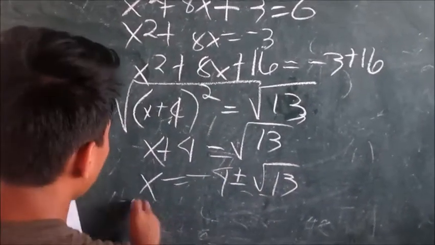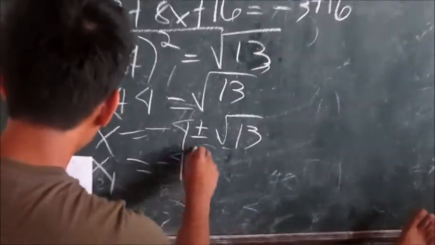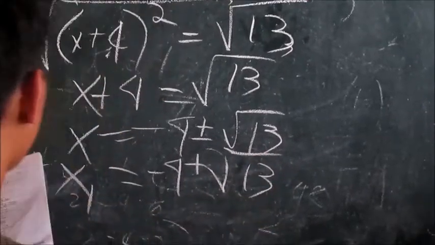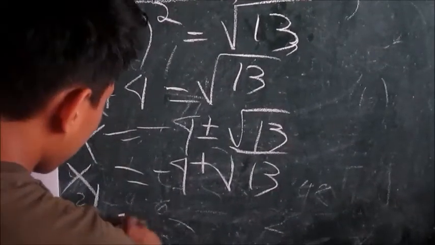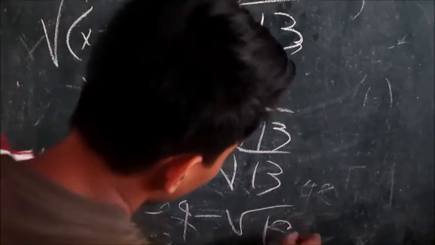And then x sub 1 equals negative 4 plus square root of 13, and x sub 2 equals negative 4 minus square root of 13.